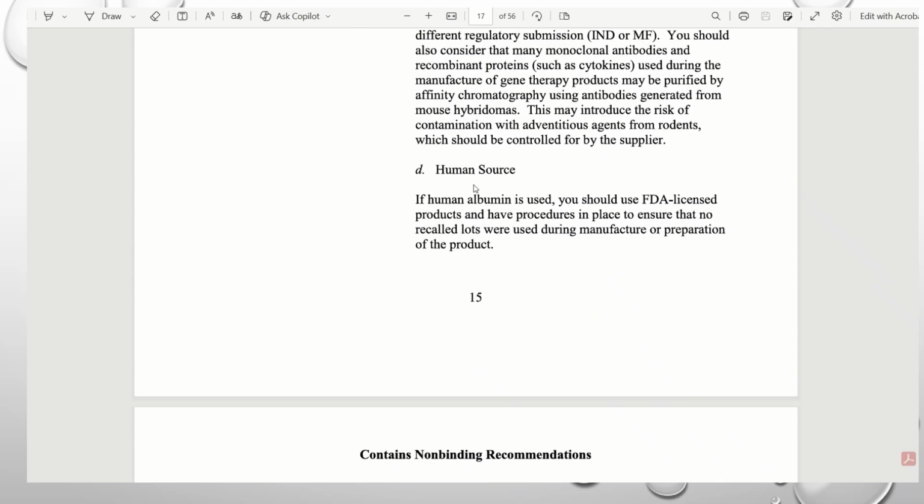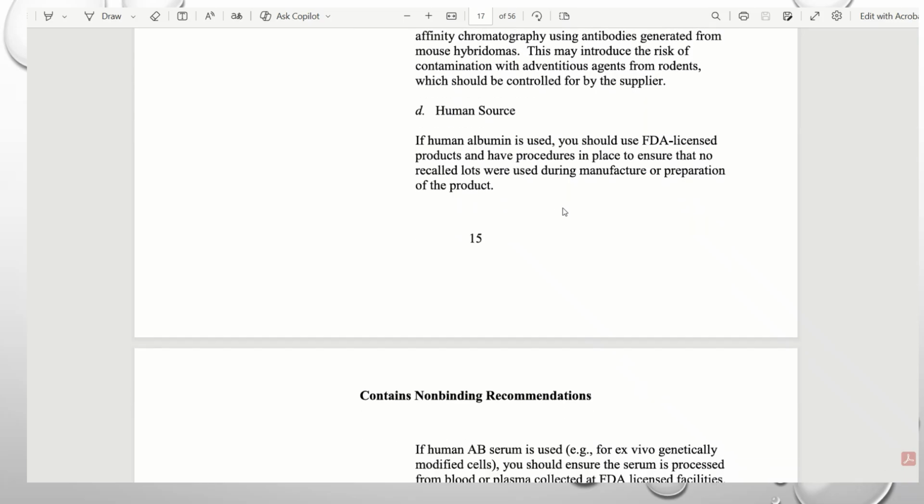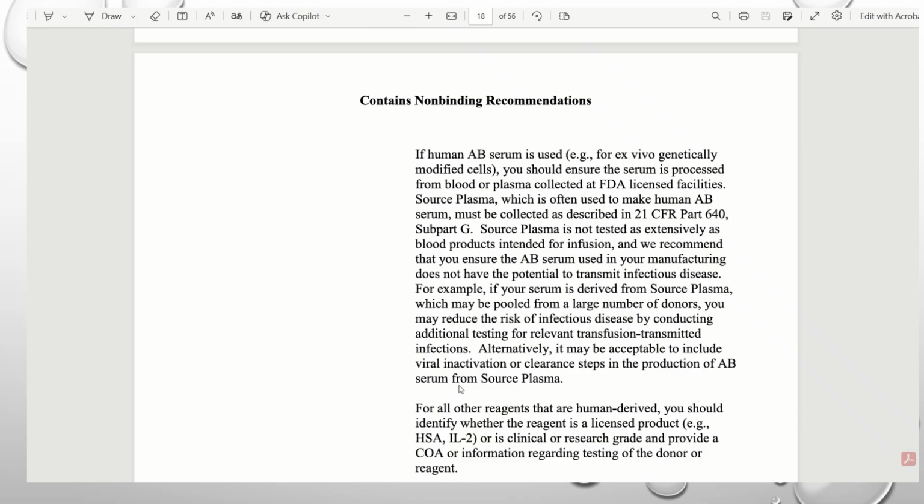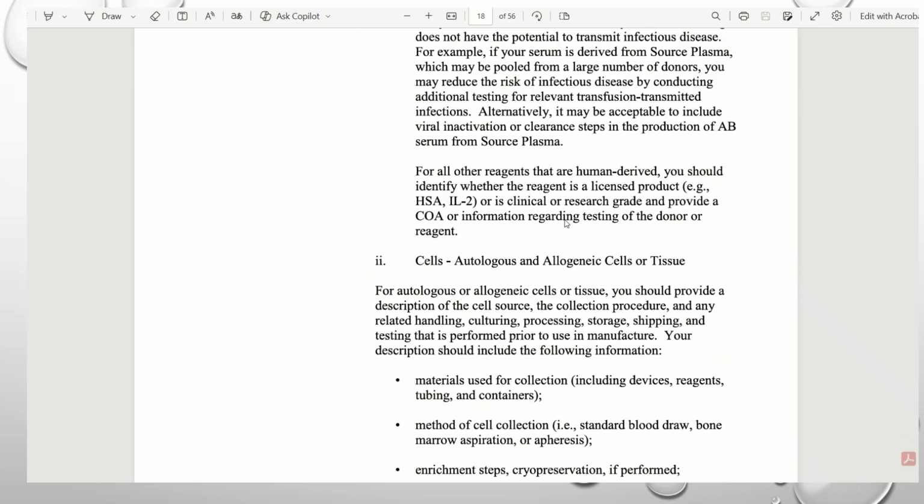And material from human sources, again, you need to have the right documentation in place. So they may be used as media components and culture components in order to support the culture and cell growth and cell expansion of your cells. Human AB serum may be used.